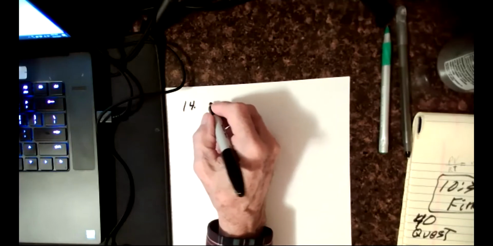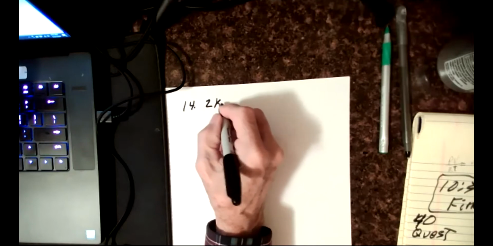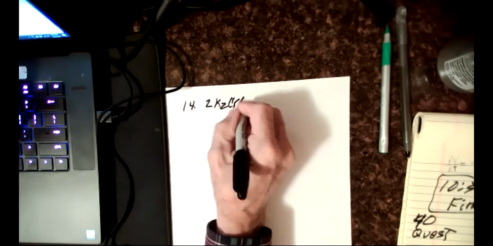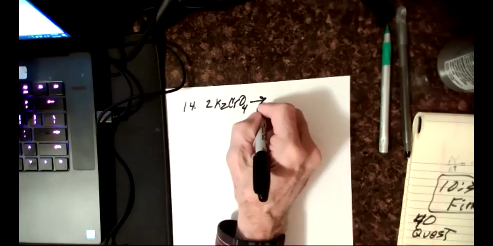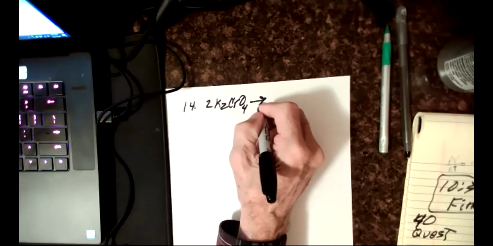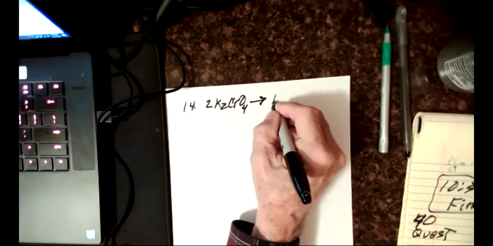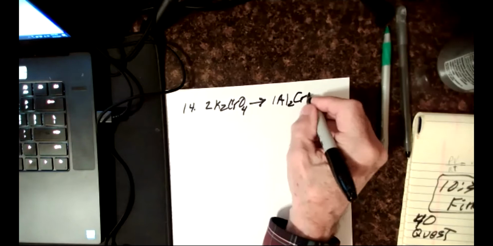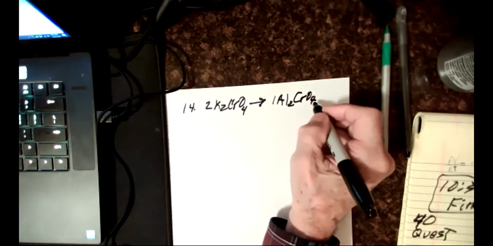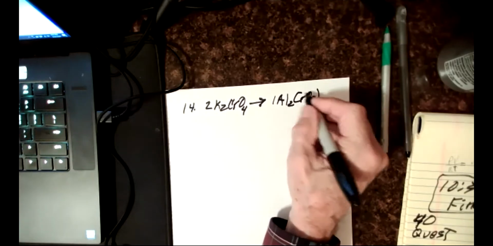The potassium chromate is 2 K2CrO4. And it's going to go to aluminum chromate. It's 1 Al2(CrO4)3.